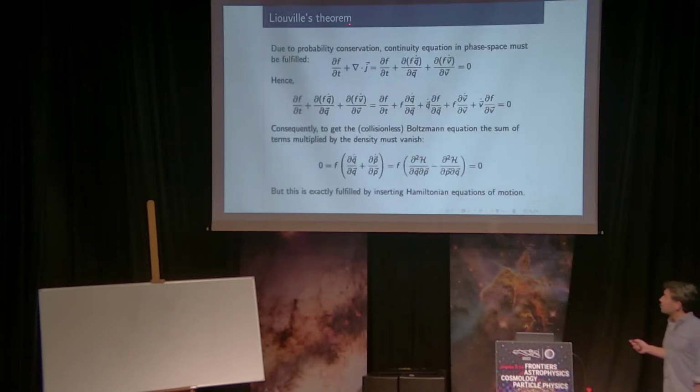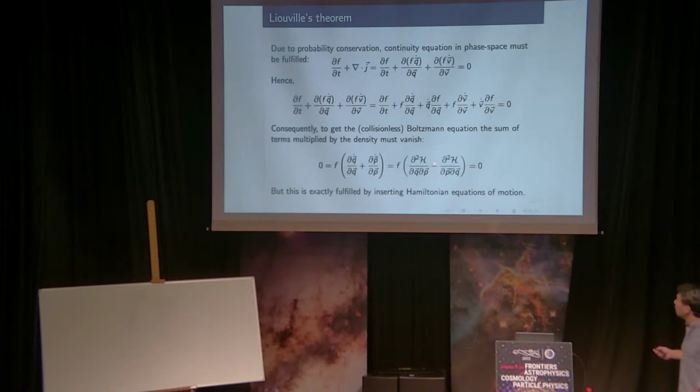Now, due to Liouville's theorem and the fact that probability should be conserved for this distribution function, we can write a continuity equation for the phase space. This means a continuity equation for this flux J, which includes derivatives of positions and momenta, essentially. When you work this out, you can find the different terms, and all this is equal to 0, because this is a continuity equation.